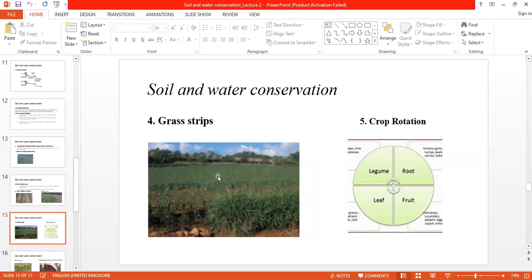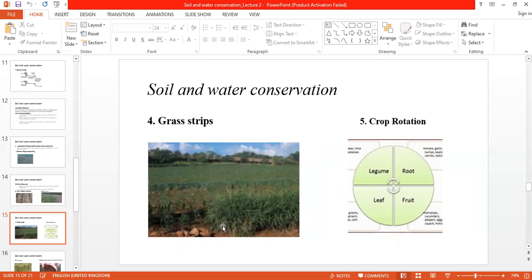But with time, we discovered a challenge where it started encroaching into the field. These ones reproduce a lot. So when I grow this one, it might increase such that the space for growing your crops will reduce.